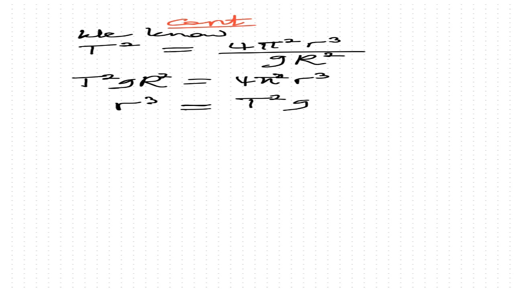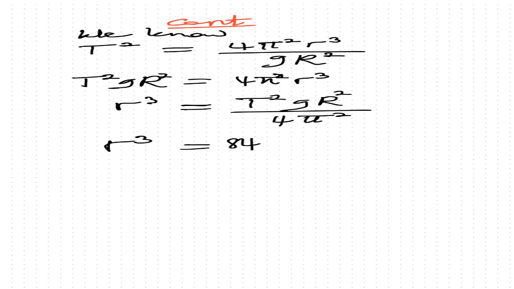So r cubed equals T squared g R squared over 4 pi squared. There are two ways here. You can find your r squared straight, and for the final answer you cube root it. This is r cubed.